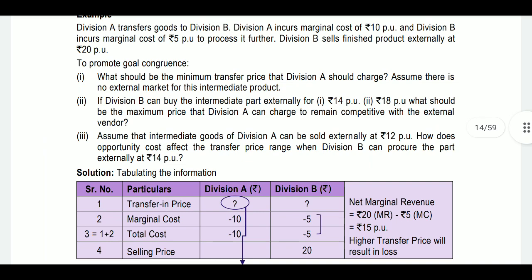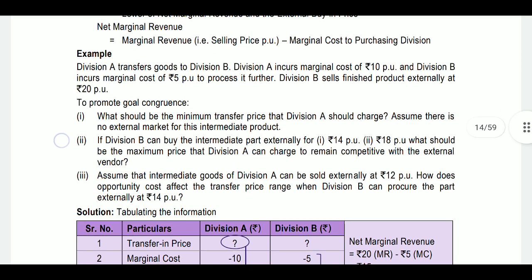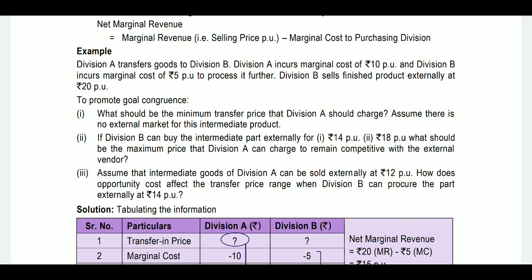What should be the minimum transfer price? Division A is transferring, that is supplying, so it will calculate the minimum. Their mentality is that we will sell this product for a minimum of this much. What is the purchasing mentality? The purchasing division will want to buy at a maximum transfer price which is less than the market price.